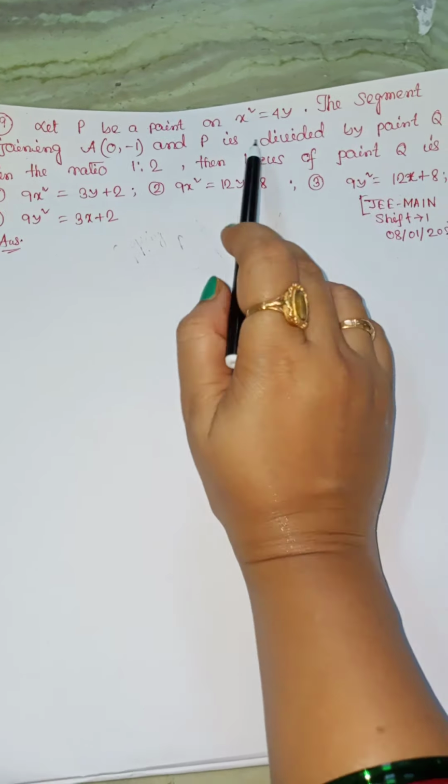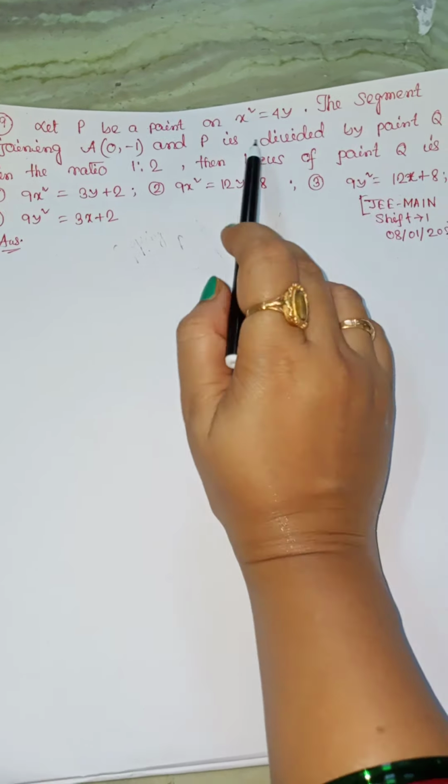The segment joining A and P is divided by the point Q in the ratio 1:2. So let's assume A is the point here, and the line segment joining A to P is divided 2:1 by Q, as AQ is 1 and QP is 2.